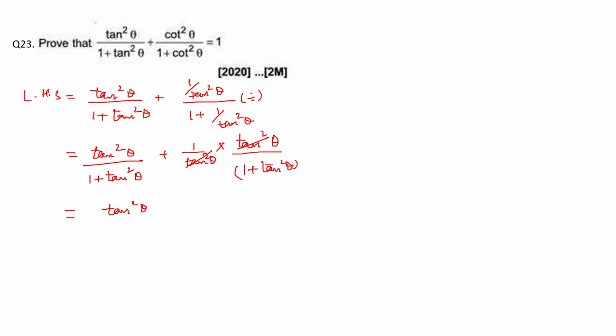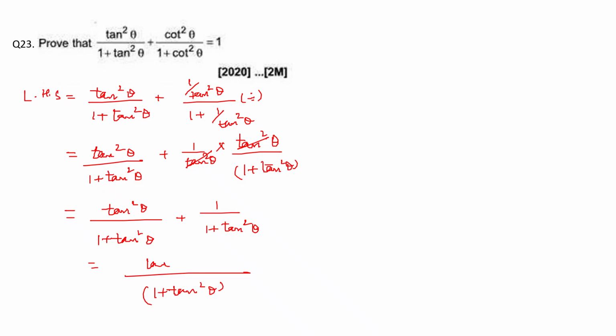So we will be left with tan square theta by 1 plus tan square theta plus 1 by 1 plus tan square theta. And again, if you take LCM as 1 plus tan square theta, your numerator is also tan square theta plus 1, which will get cancelled out. So your answer will be 1, which is RHS. Proved. So this question was a 2-mark question.